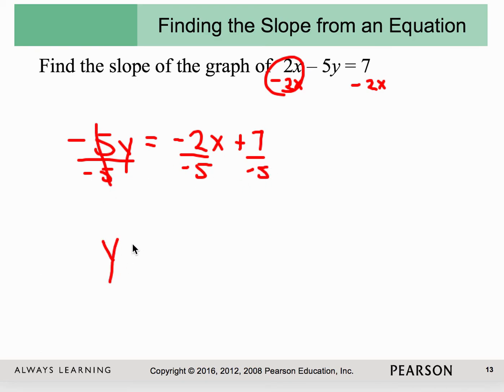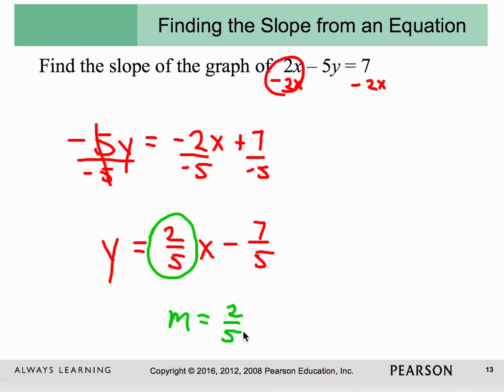So then you have 1y equals a negative. Negative divided by a positive, a positive divided by a negative is a negative. And whenever it's y equals and just one y, the coefficient of the x term is your slope.